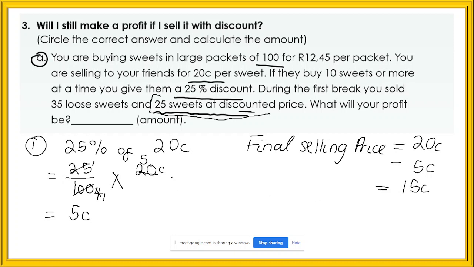So this tells us that with these 25 sweets that you sold at a discounted price, you were selling each at 15 cents. So all you need to do is find out the total selling price for 25 sweets and the total selling price for 35 sweets.